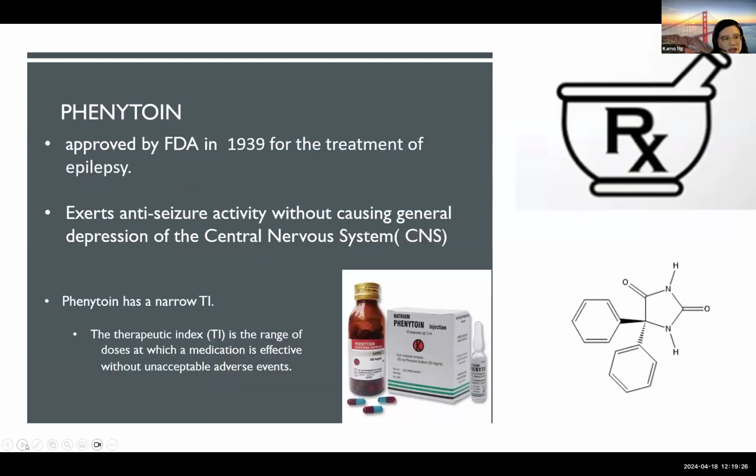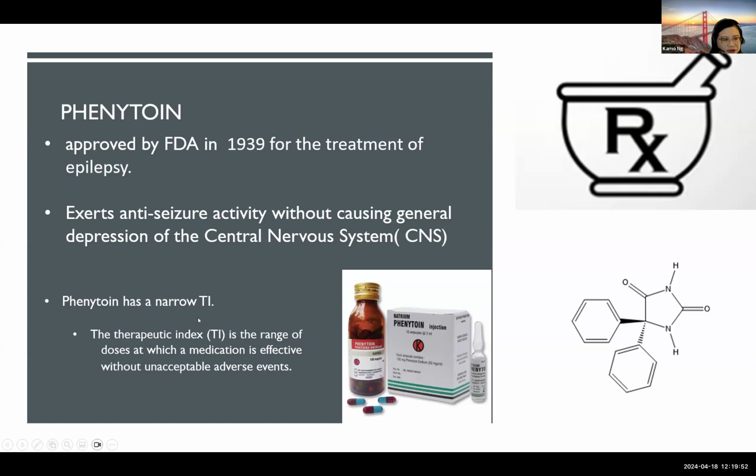And phenytoin was approved by the FDA in 1939 for the treatment of seizures or epilepsy. This is the chemical structure of phenytoin. The way it works is it exerts anti-seizure activity, but it will not cause a depression of the central nervous system. Phenytoin has a very narrow therapeutic index.